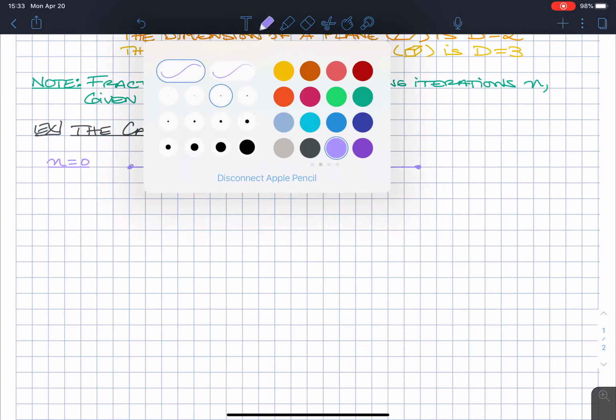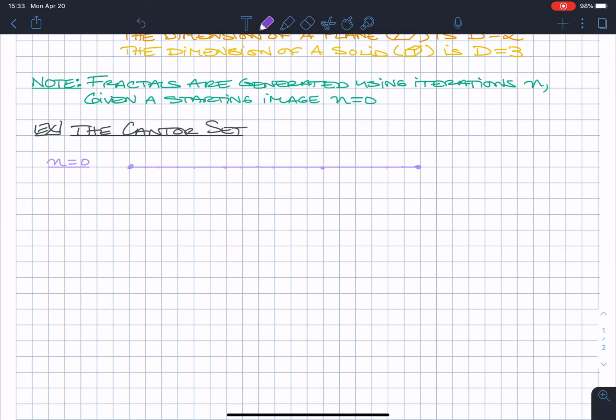Okay, so the first iteration of the Cantor set, that's n equals 1. I'm going to create the same line, but now I'm going to omit the middle third. So I take the middle third of it and I cut it. So this is the first iteration of the Cantor set.